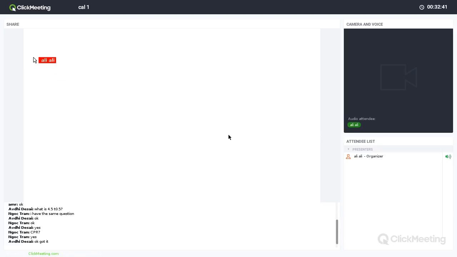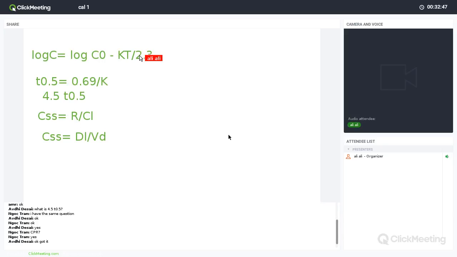Now we will start. First of all, as a general rule, before solving any question, we will have to do two things. Before solving any question, you will have to unite your units.